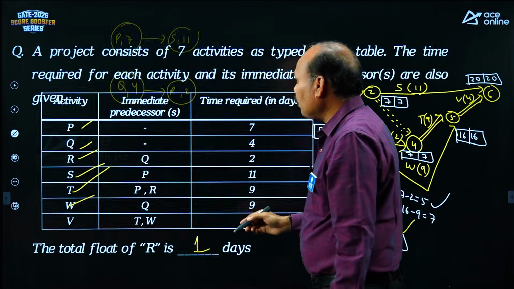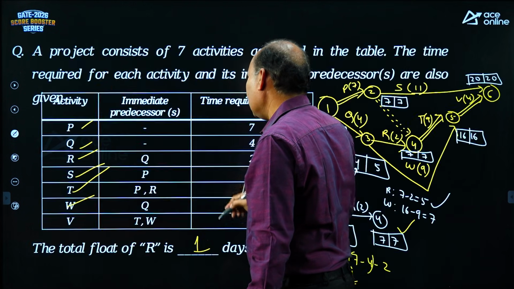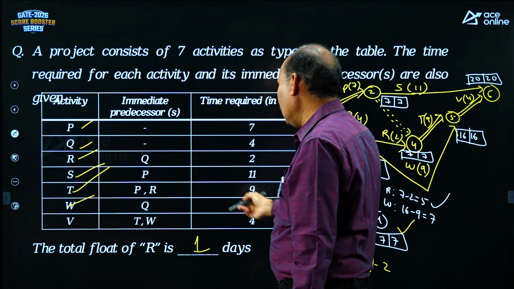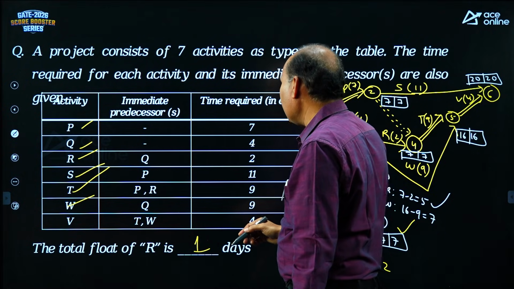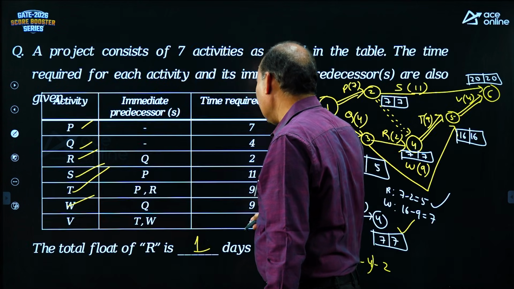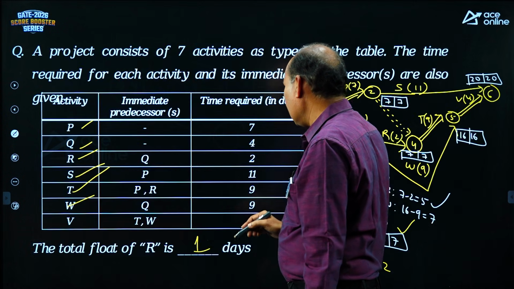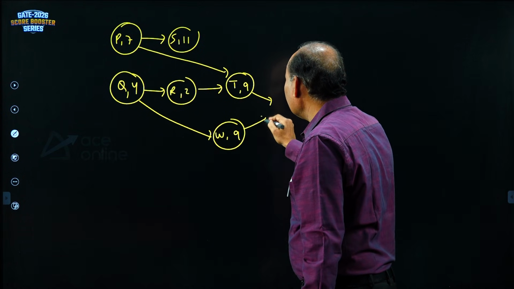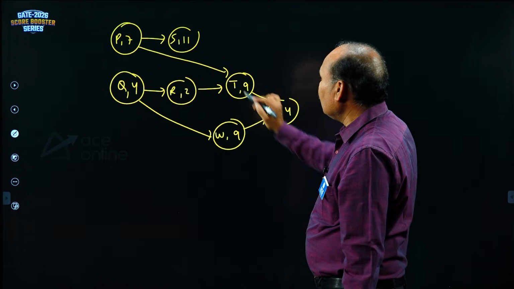Next, T after P, R. Duration of T? 9. Next, W directly after Q. What is the duration of W? 9. V after T, W, 4. Is it right? Yeah.